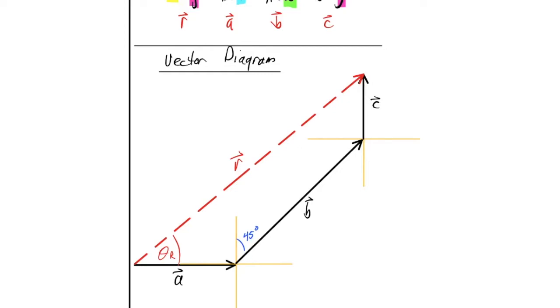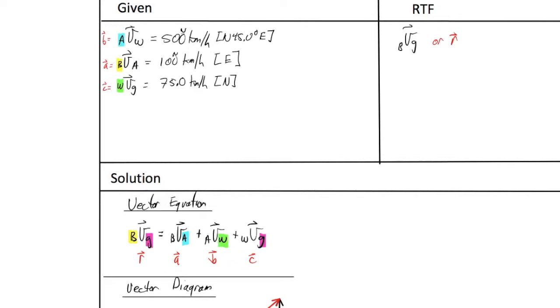And based on what vector B is doing, R should be less than 45 degrees. So if you look at the diagram and judge it based on that, assuming that you carefully drew the diagram, this will give us a good sense if our answer does indeed make sense. Okay, so the next thing, we're going to straight away make our vector chart.